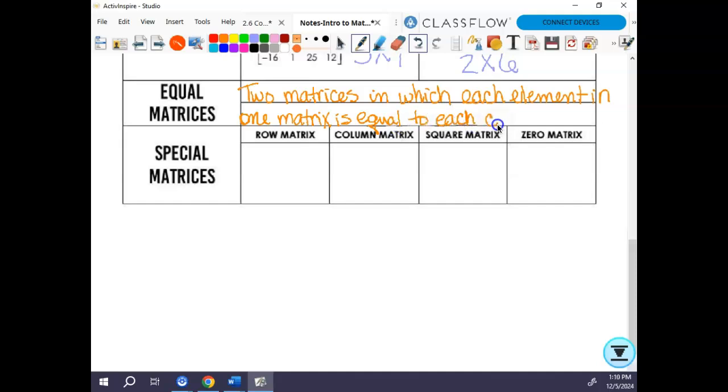Oh my goodness, these are not enough lines.